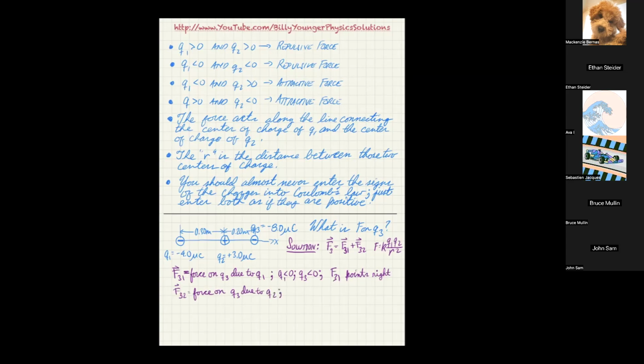Now, Q2 is a positive charge, so that's greater than 0, and Q3 is still less than 0. So is this force attractive or repulsive? Attractive. Yes, it'll be attractive. And what that means is the force on Q3, which is the one to the far right, will point to the left. So F32 points left.